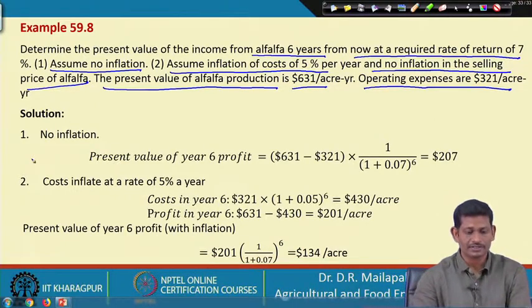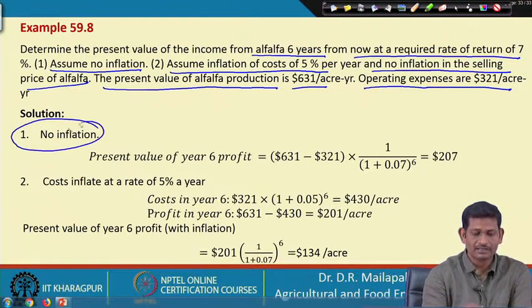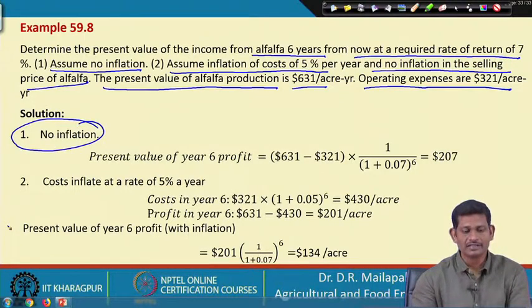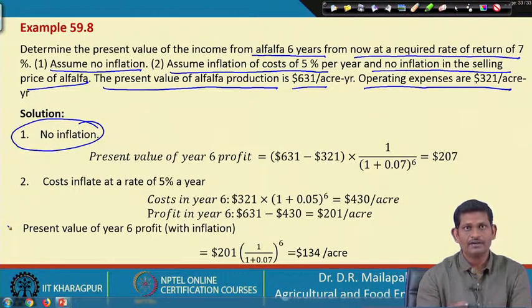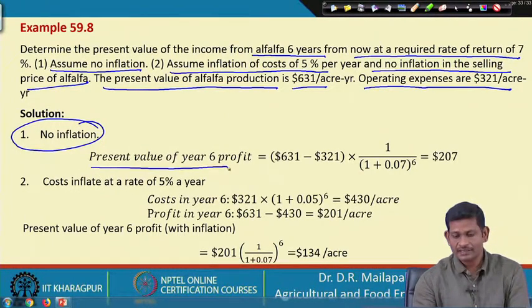With this information, first consider no inflation. Inflation in this sense means if you have a particular value of an asset, that value will increase over a period of time. That is inflation.